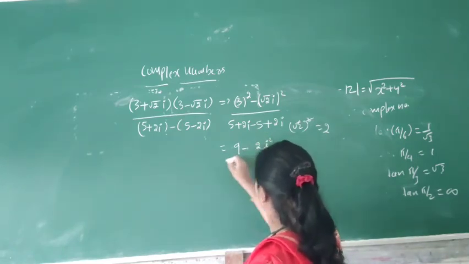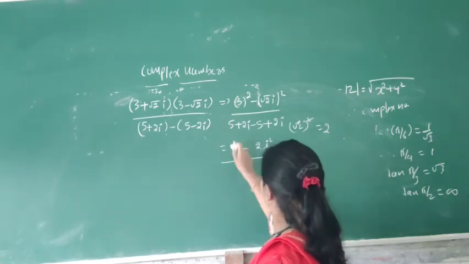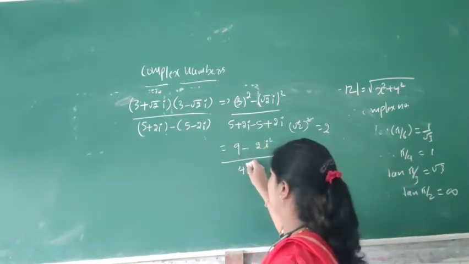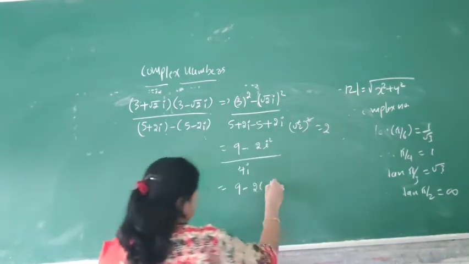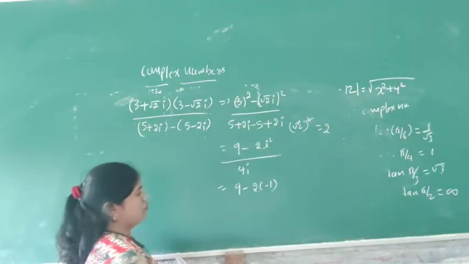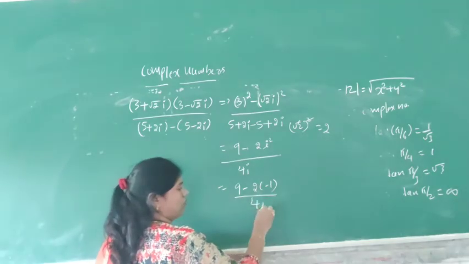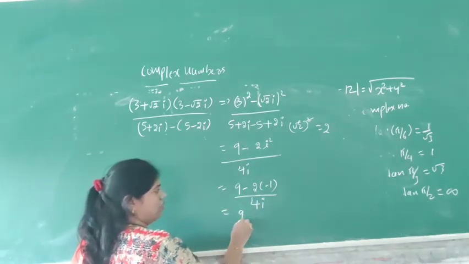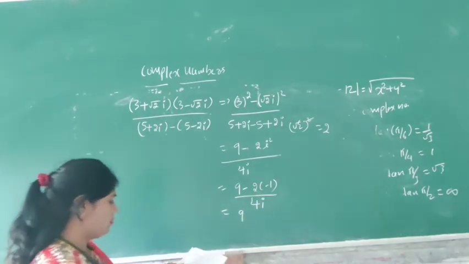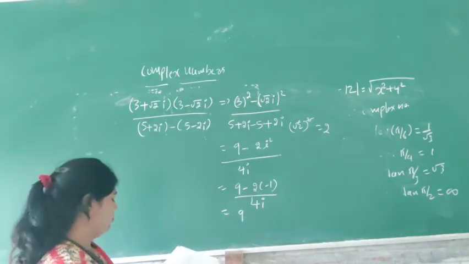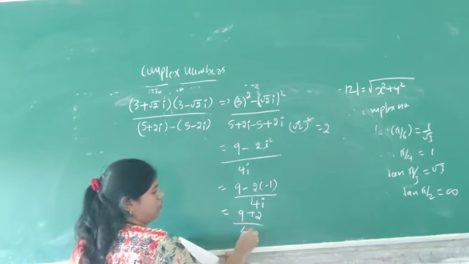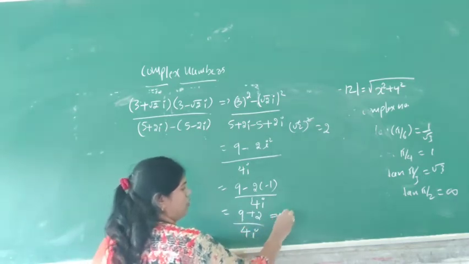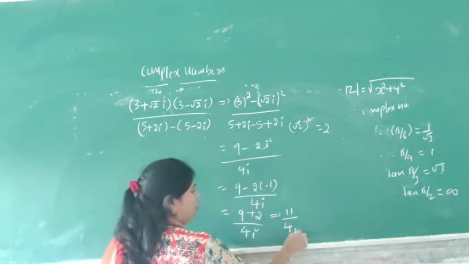In the denominator, 5 will cancel, leaving 4I. In the numerator, 9 minus 2 I square, and I square value is minus 1. So 9 minus into minus plus 2, which is equal to 11, divided by 4I.